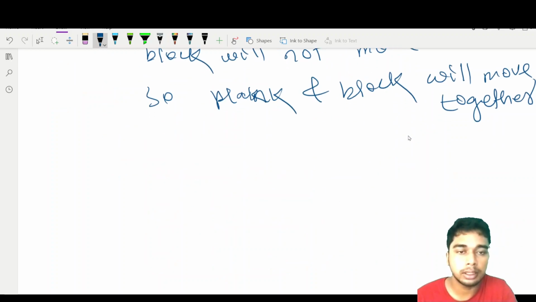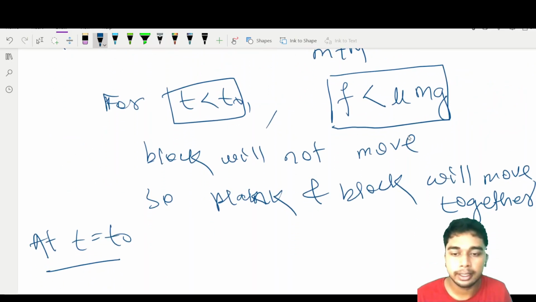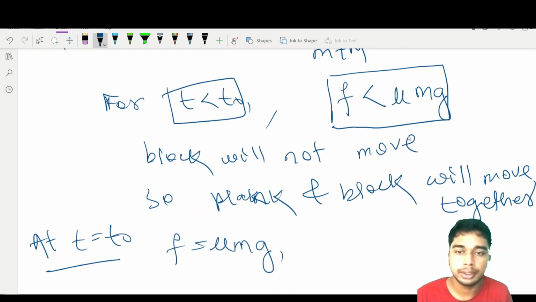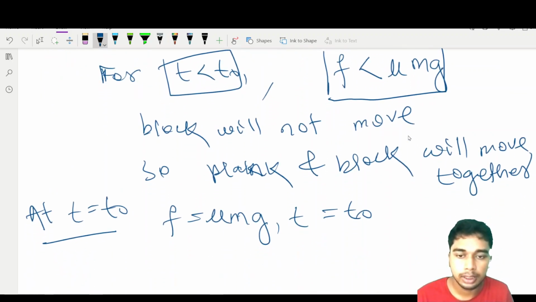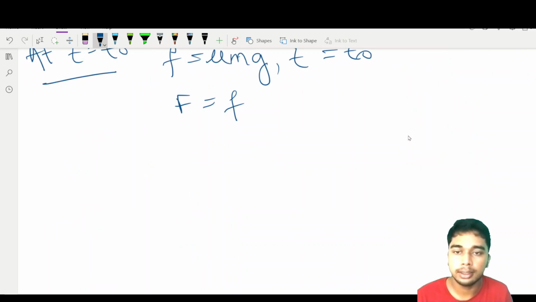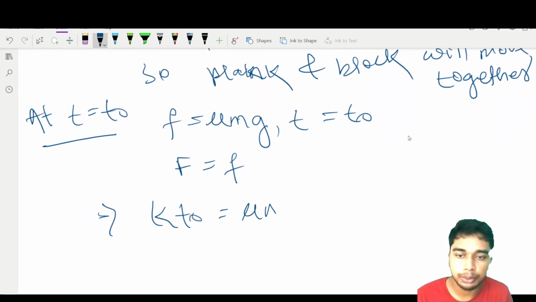But at t is equal to t naught, what will happen? In this case, our frictional force f will be directly mu mg and t will be equal to t naught. So the external force F is equal to small f. This is k t naught, and small f is nothing but mu mg.